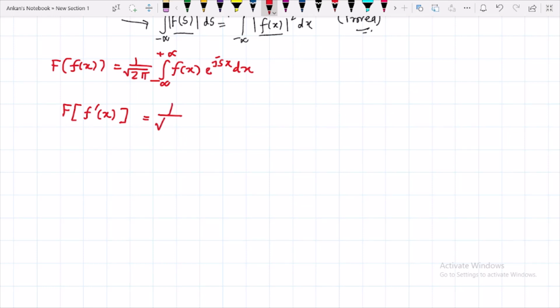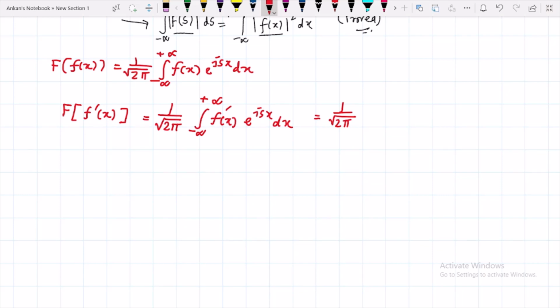So by our definition we can write this F(x) bar e to the power isx dx. Now you can integrate it by parts.